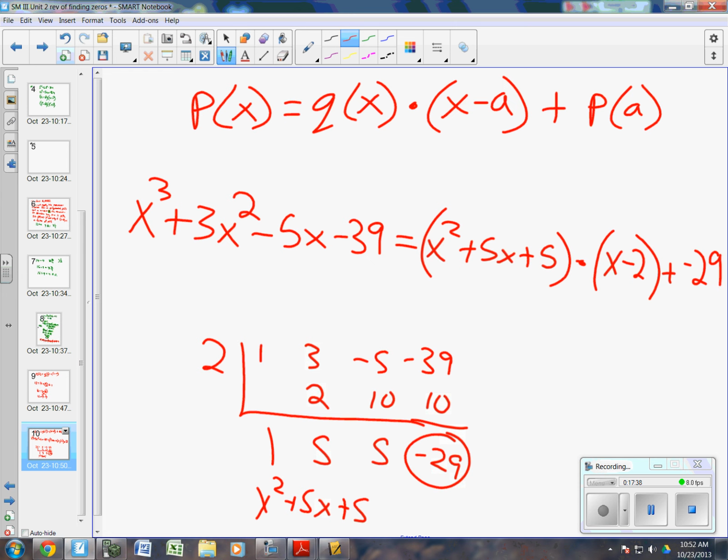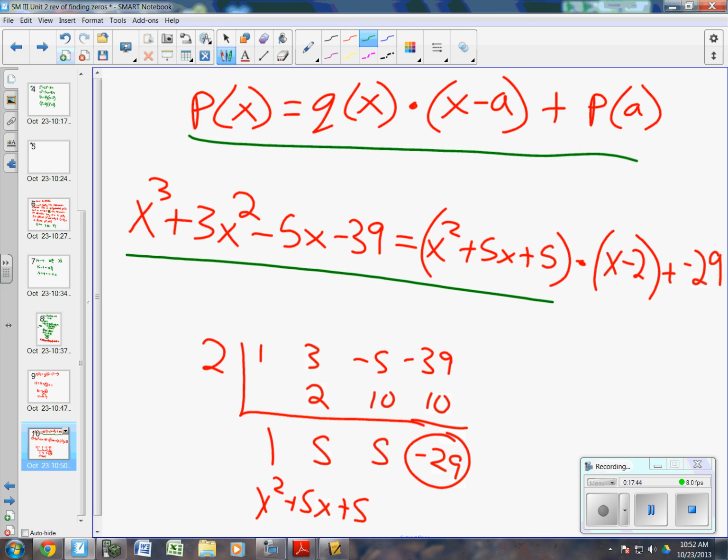Write this down right here, you guys. Here is an example of it. This part is P of X. This part is Q of X. This is the factor, X minus A. And this is the remainder.